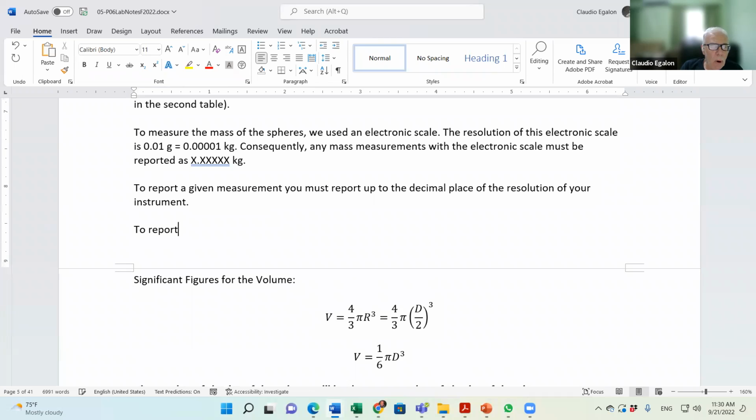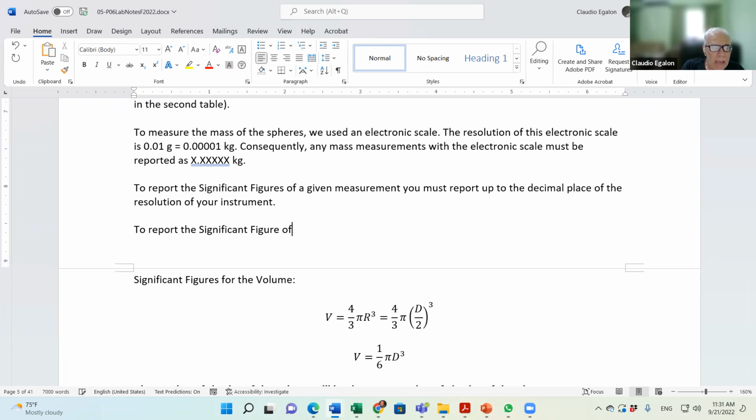To report the significant figures of a given measurement, you must report up to the decimal place of the resolution of your instrument.